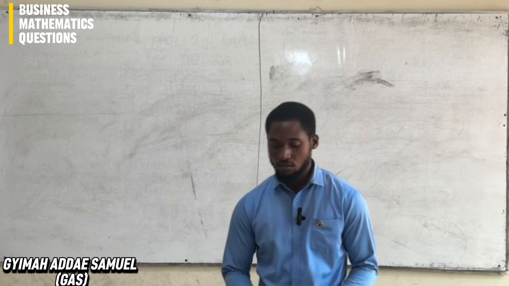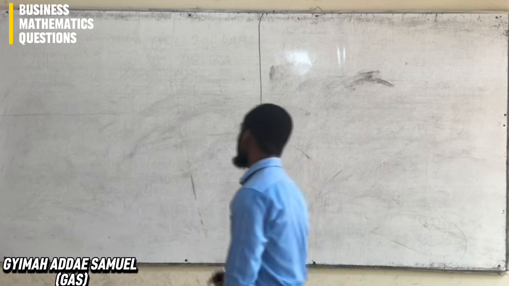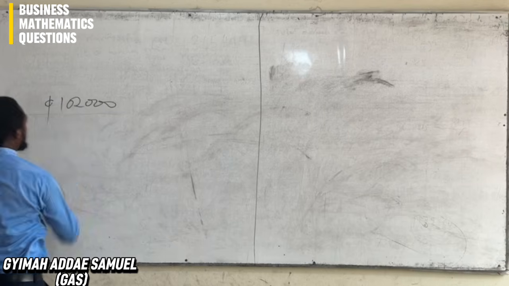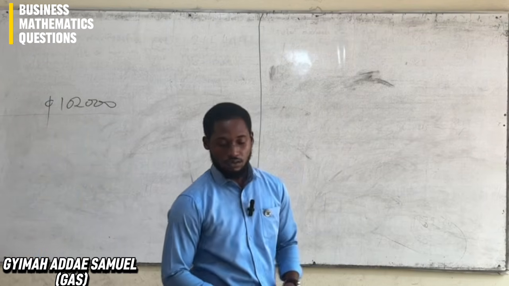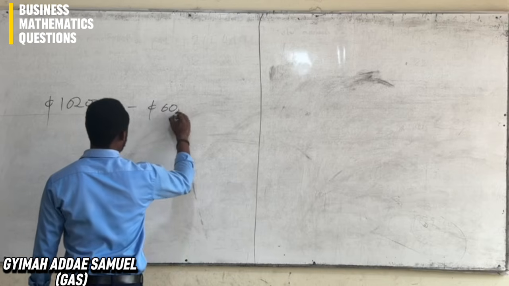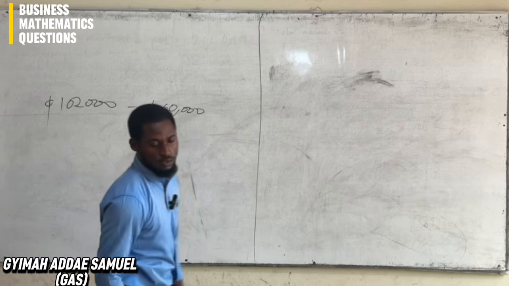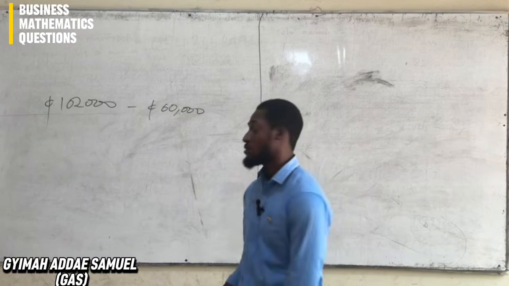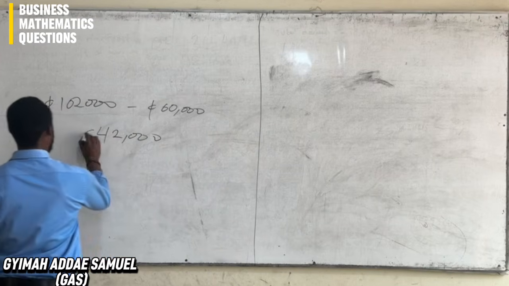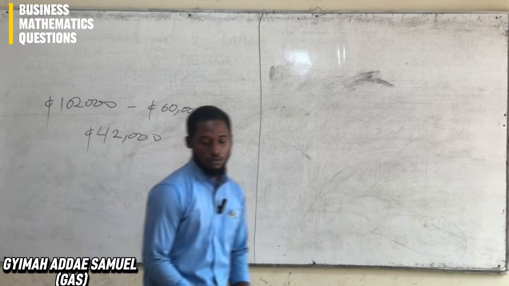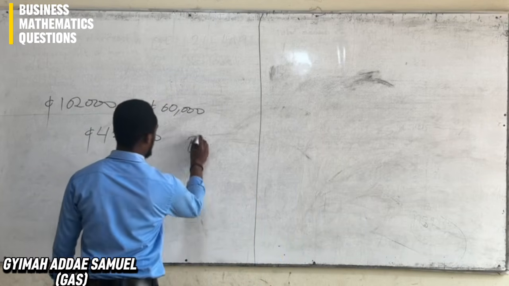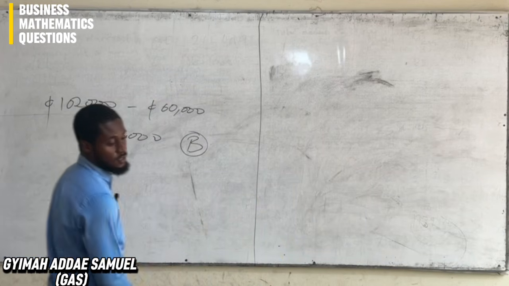The store sales given here is 102,000 Ghana cedis, and we have our store quota to be 60,000. So we subtract 60,000 from 102,000, getting 42,000 Ghana cedis as our store commission amount, which makes the answer B.